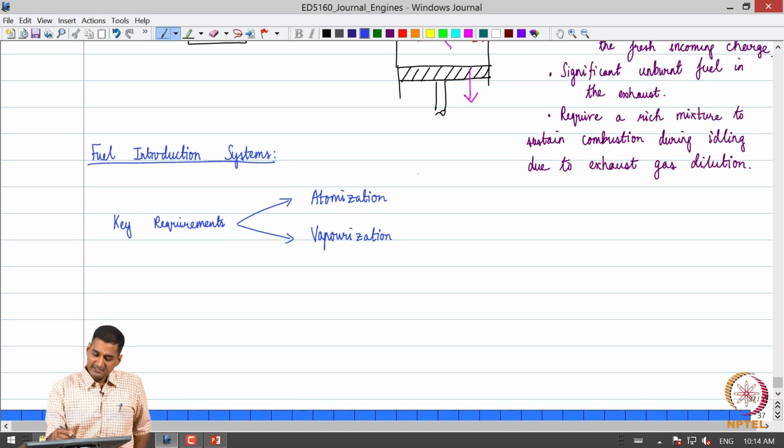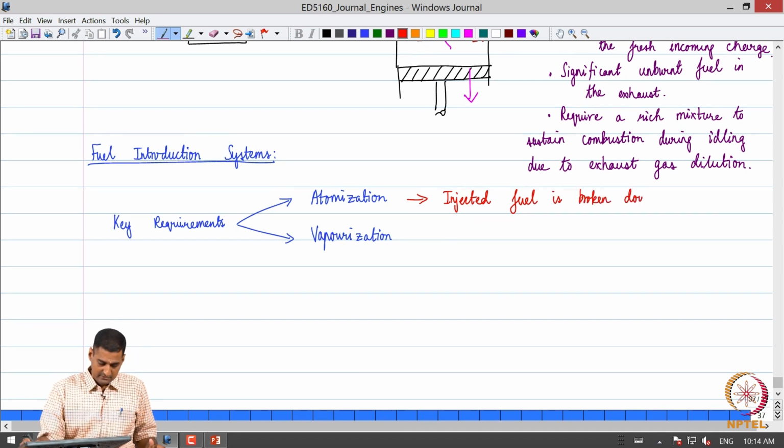So, in atomization, as we have already observed, the injected fuel is broken down into smaller droplets.